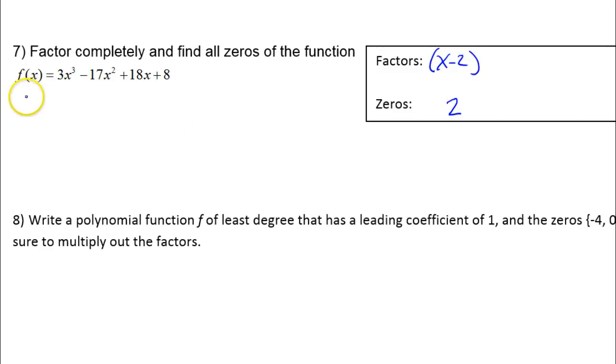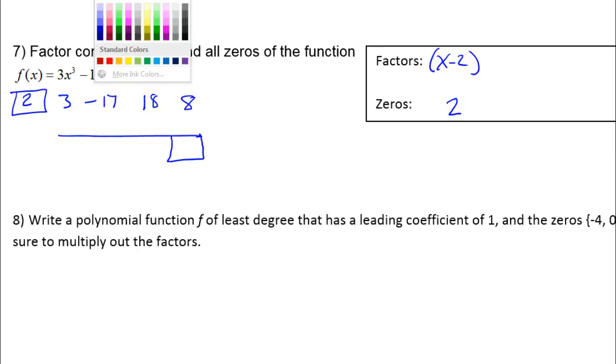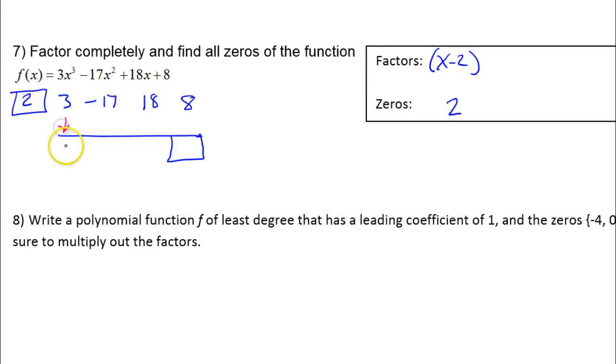All right, now I'm going to do my synthetic division. So 3, negative 17, 18, and 8. All right, 3 times 2 is 6. That's negative 11. Times 2 is negative 22. That's going to be negative 4.